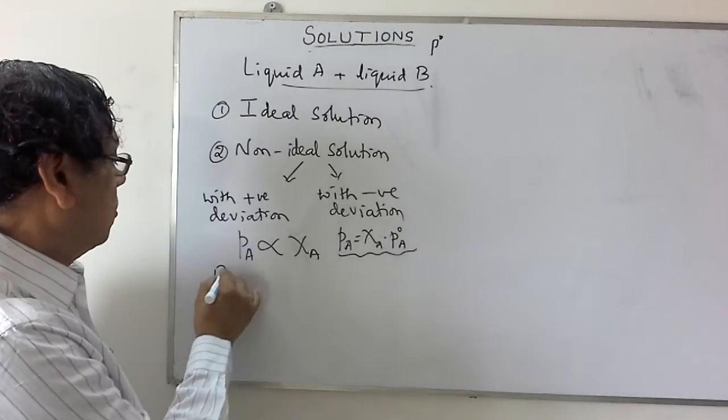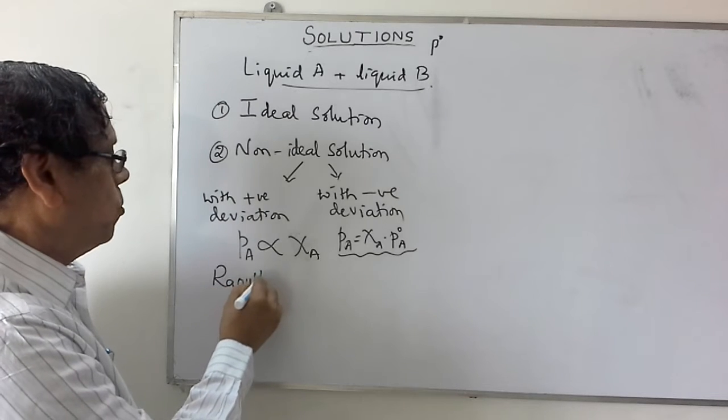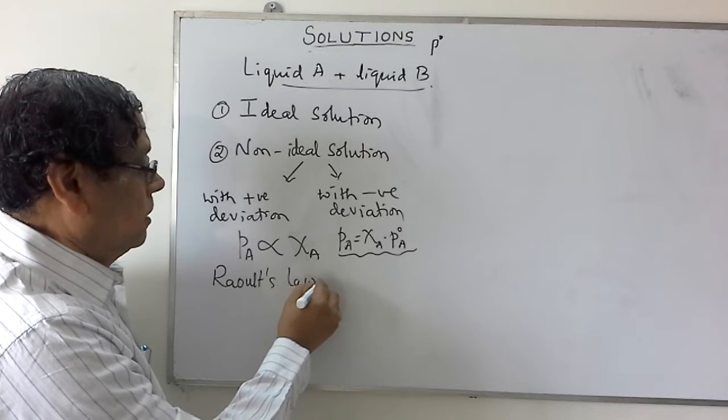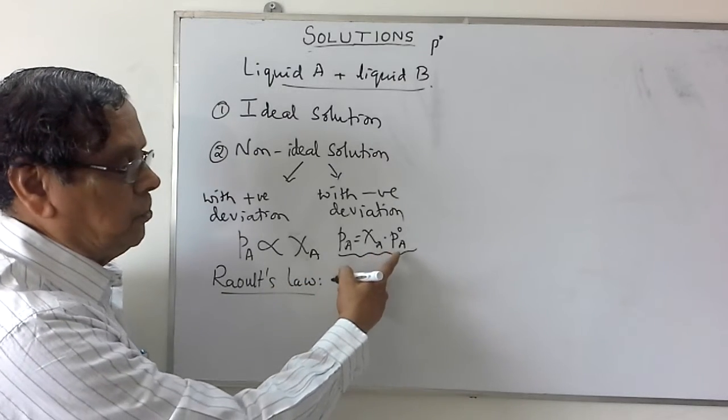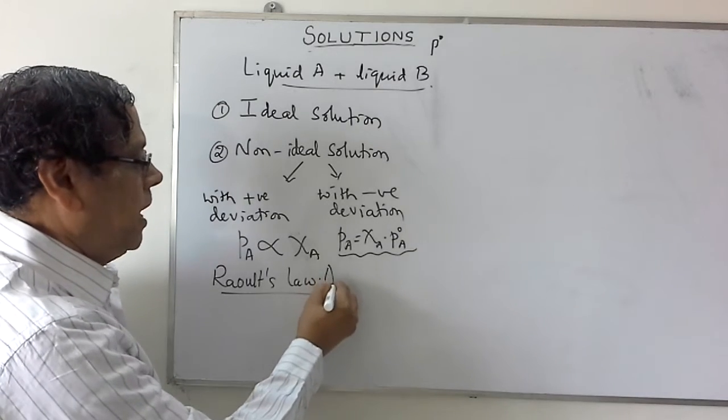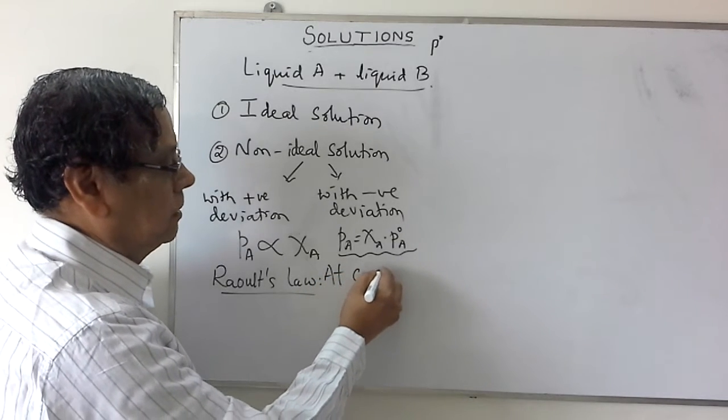So we can state Raoult's law. Since the vapor pressure of the pure solvent is a constant at constant temperature only, we have to consider constant temperature.